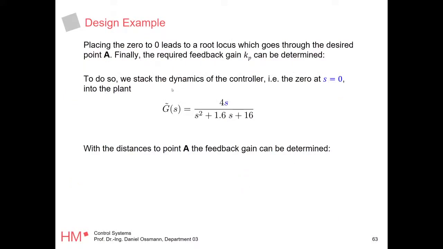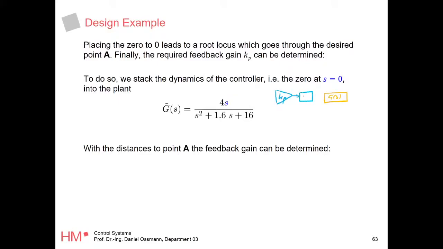Yeah, so our new system now, and this is really important. Our new system is, and this is what I did in the morning, right? If you want to remember that, we have our system G of S, and we have the controller, which is made up of KP and a zero.